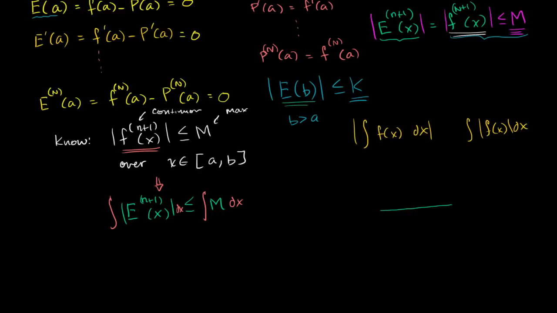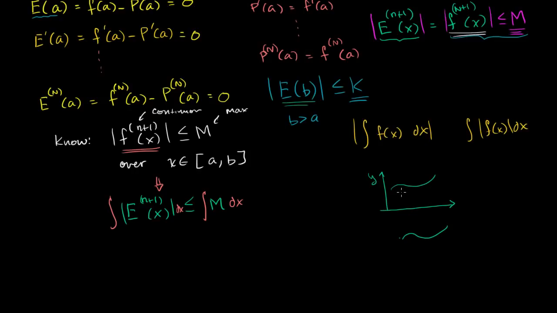If f of x is negative the entire time, so if this is our x-axis, that is our y-axis, then this integral is going to evaluate to a negative value, but then you're going to take the absolute value of it. And over here, the integral is going to evaluate to a positive value, but it's still going to be the same thing.